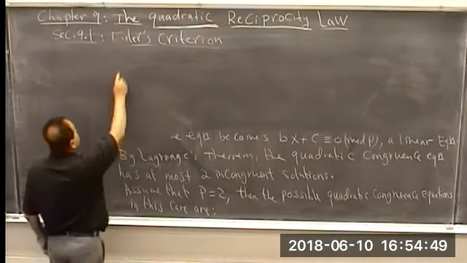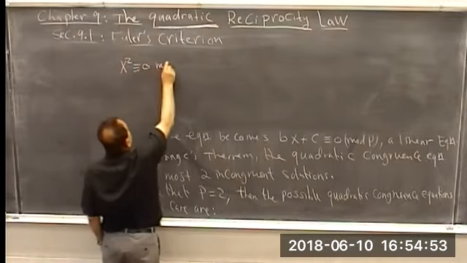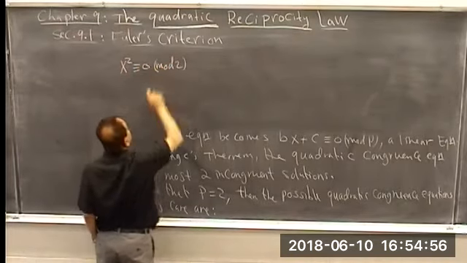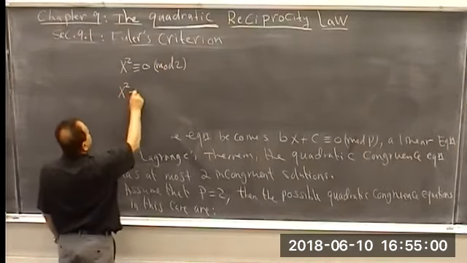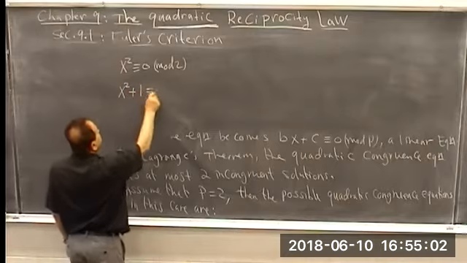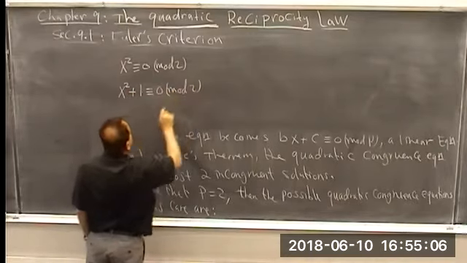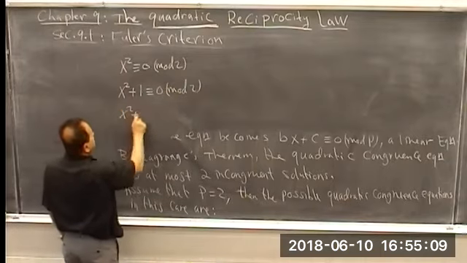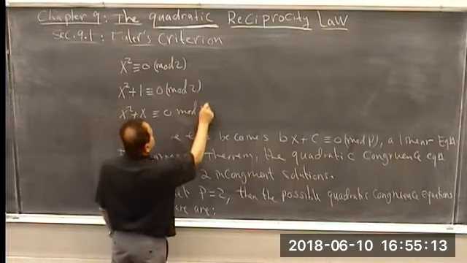So it's going to be x squared congruent to 0 mod 2. Then we have x squared plus 1 congruent to 0 mod 2. Or we could have x squared plus x congruent to 0 mod 2.